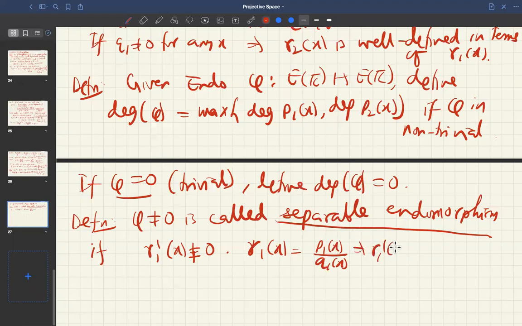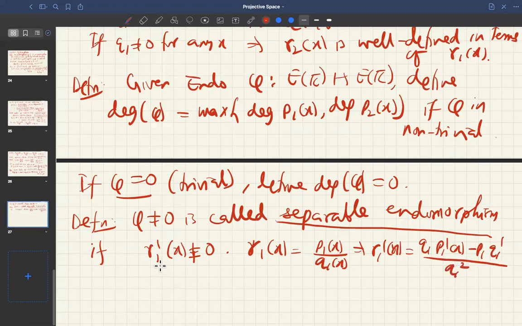This R1 dash x is Q1 P1 dash minus P1 Q1 dash by Q1 square, right?